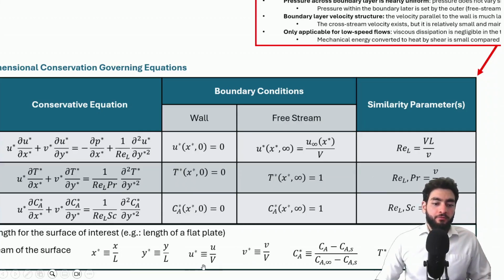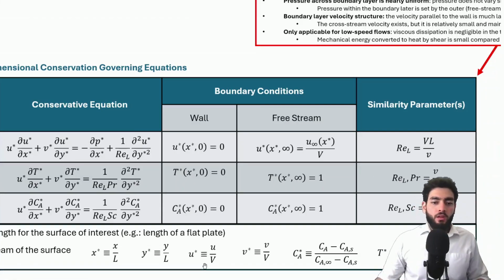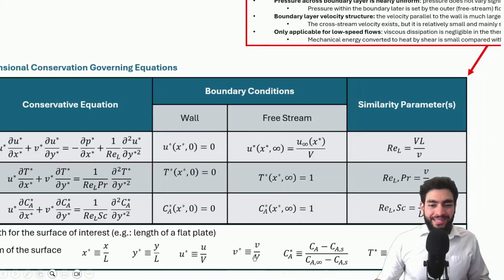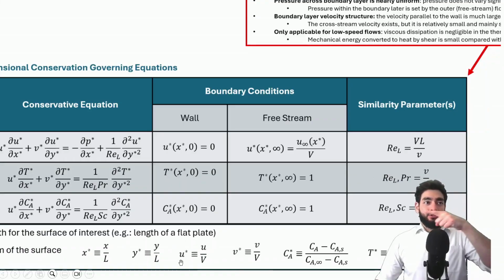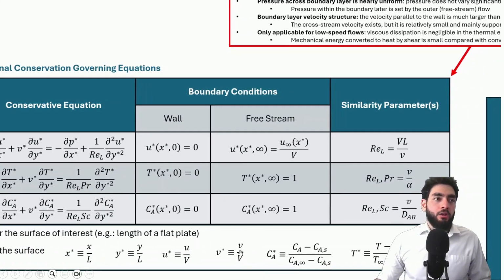So far when I've been referring to velocity, I've always mentioned the velocity in the direction of the bulk. But for the sake of completeness for the conservation equations, the velocity component in the y direction is v, and the velocity component in the x direction is u.